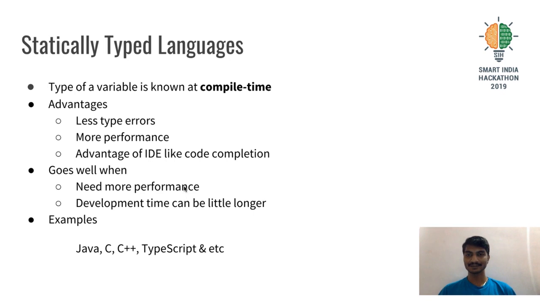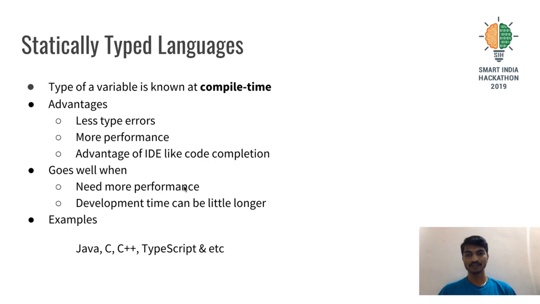And as the compiler knows what kind of data you're going to hold in your variable, it gives you more refined output, which gives you more performance. Those are a few advantages of statically typed languages.